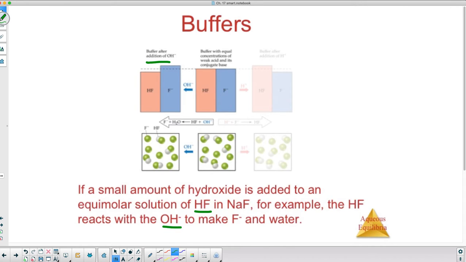It reacts with the OH- ions and gets rid of them. What's left over is F- and water, and neither one of these will change the pH significantly. So it's resistant to base because the HF reacts with the OH-, and that just gives us F- and water, which is good.